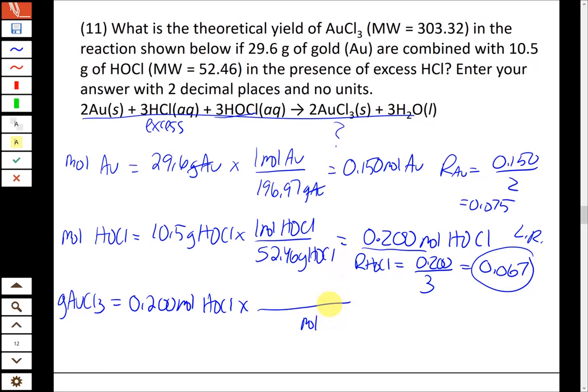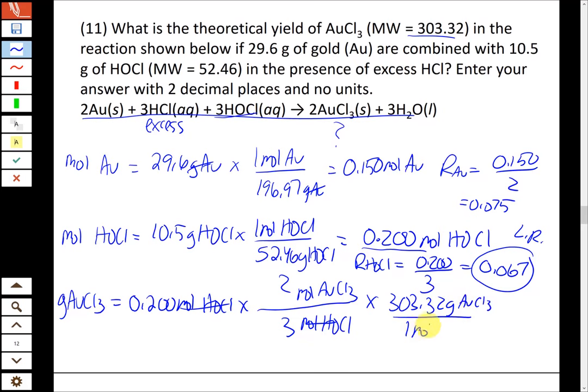So we want moles of HOCl to cancel, and we want to find moles of gold 3 chloride. So that's going to be 2, and that's going to be 3. And then we told you that the molar mass of gold 3 chloride was 303.32, so to get back into grams of that substance, which is what we're looking for, we use that molar mass, grams per mole. And that leaves us with 40.4 grams.